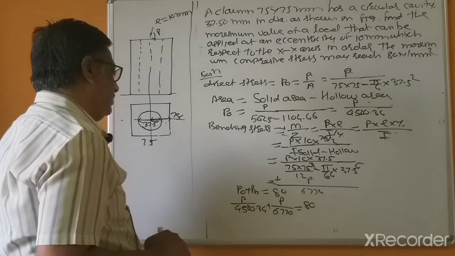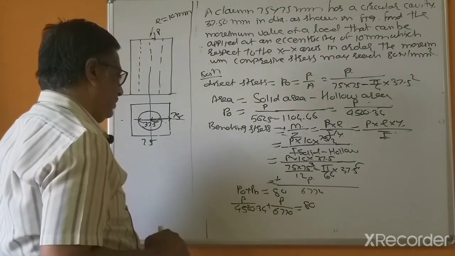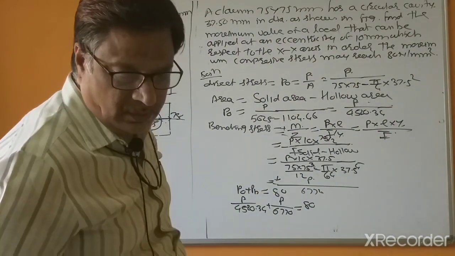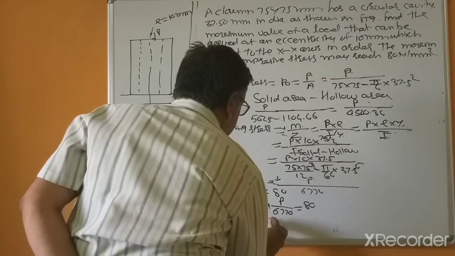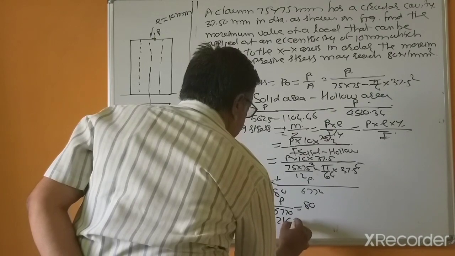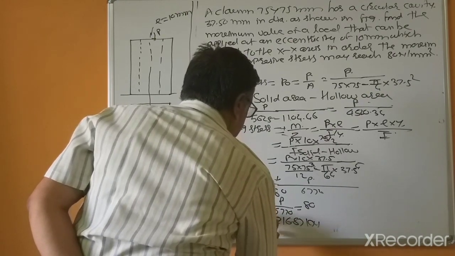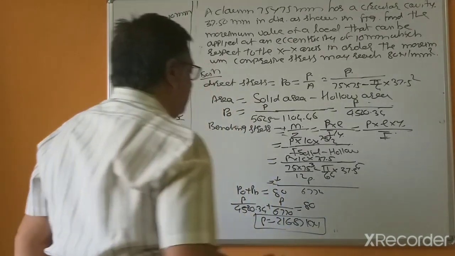That's why P equal to 216.87 kilonewton. This is your expected answer.